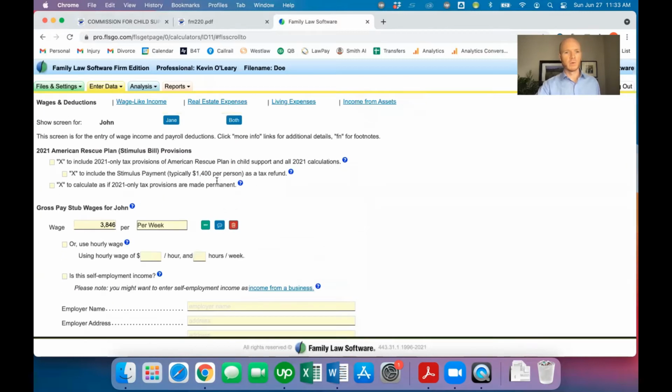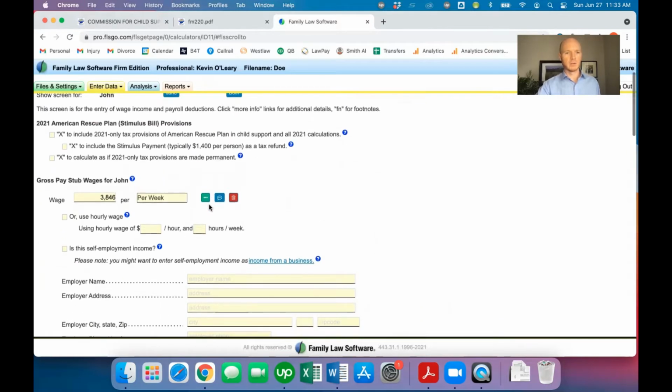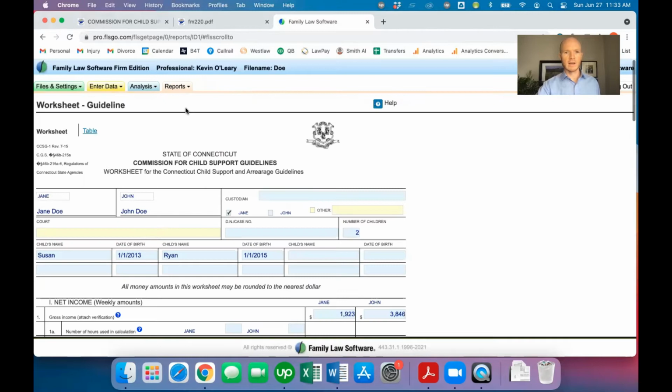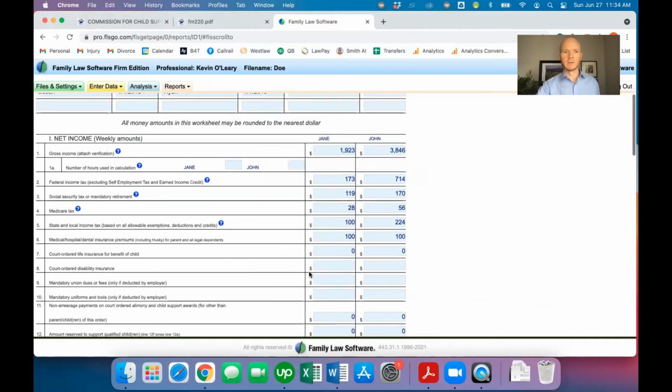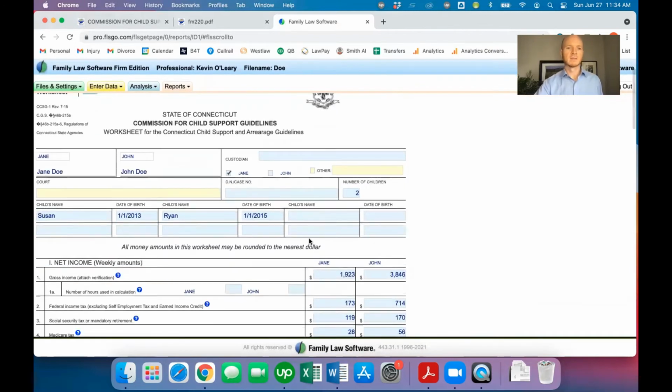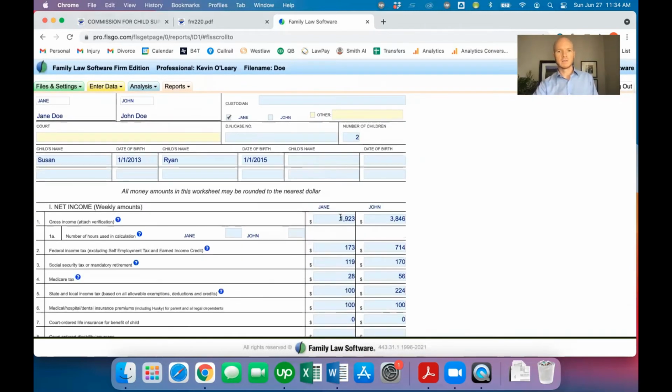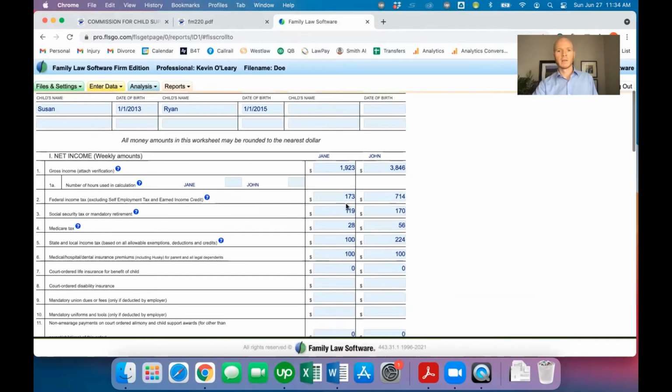So once all of that information is plugged in, then you just come over to reports and you click on child support guidelines, and the guideline sheet should be filled out. So if you're looking at the guidelines, how it works is this is going to be the gross income of both of the parents, and then it's going to take all the deductions down here, and then it plugs in the health insurance deductions.